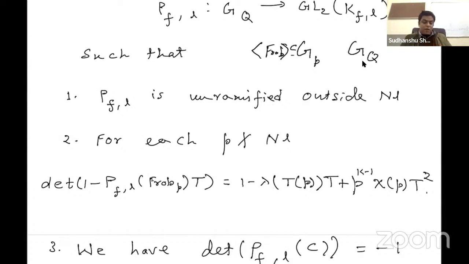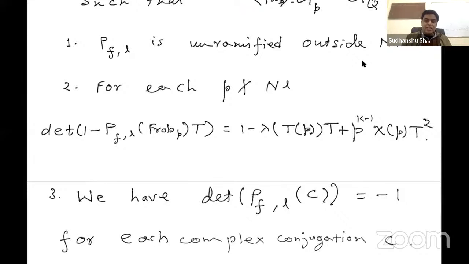This representation rho_{F,L} is unramified outside NL, that we know, so it's trivial on the inertia. That means we can evaluate it on the Frobenius element. The value is well defined, and we can talk about what that matrix is. The determinant and trace of the matrix can be described using this polynomial. So the image of Frobenius basically satisfies this.